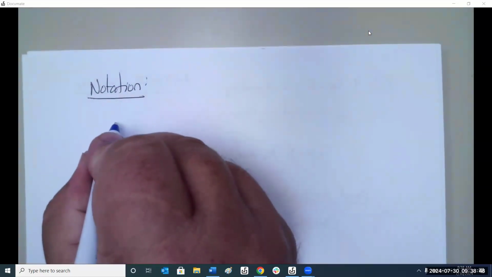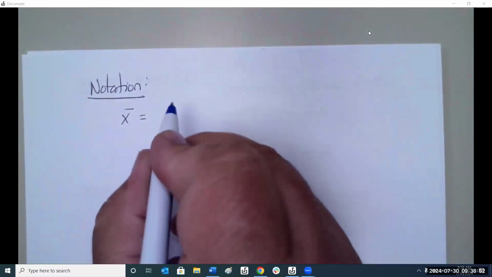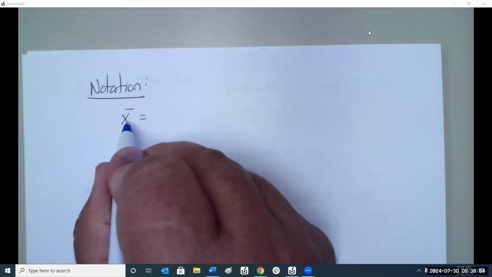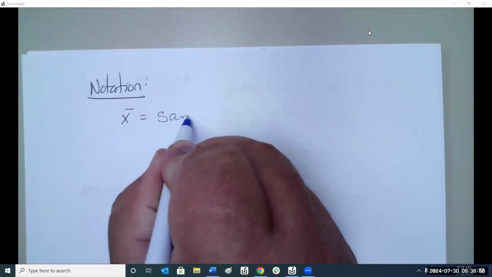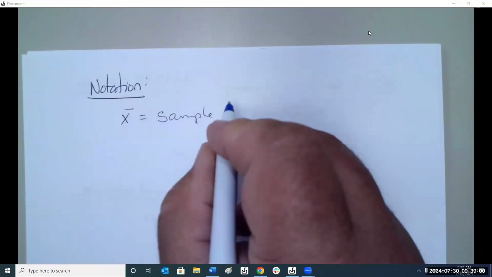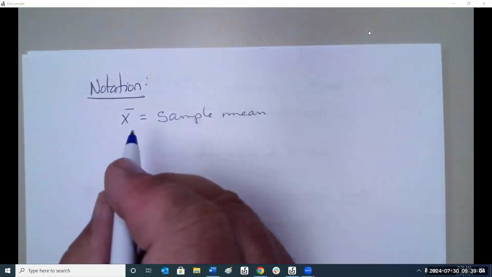The symbols we're going to use. X bar: remember, if it's a lowercase alphabetic letter, then it deals with the sample. Because there's a bar on top, it's the sample mean.